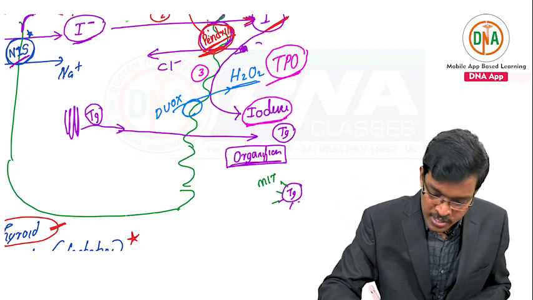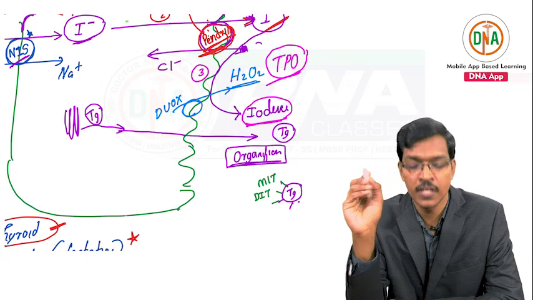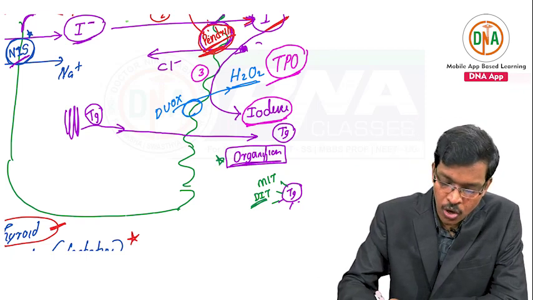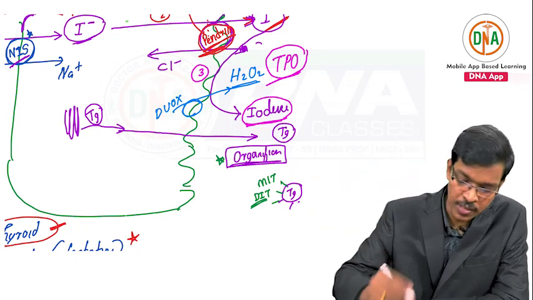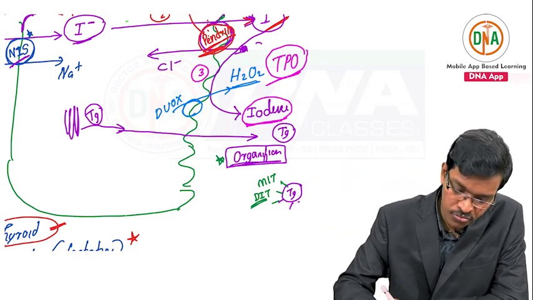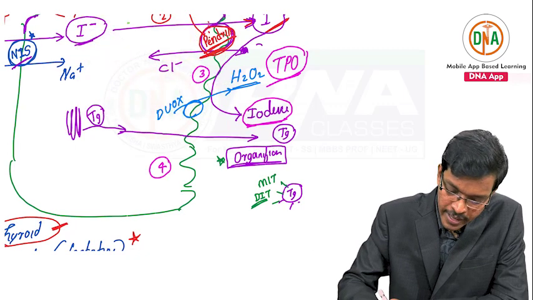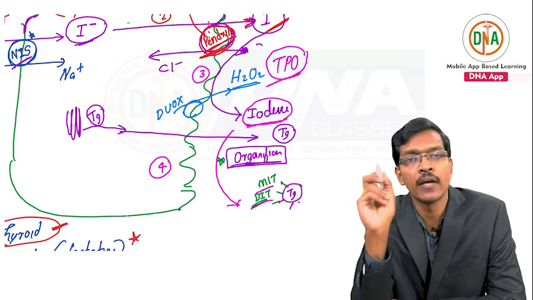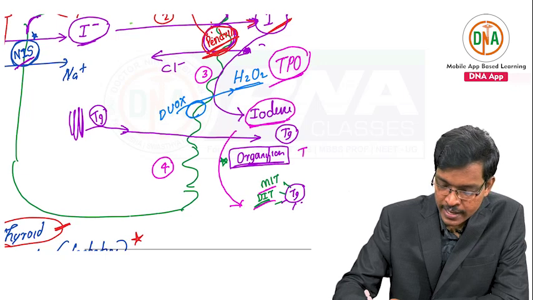When two molecules are added, you get diiodotyrosine. So, you have monoiodotyrosine and diiodotyrosine on organification of thyroglobulin with iodine. That is the next step, step number 4. Step number 4 was organification, resulting in the formation of monoiodotyrosine and diiodotyrosine. This step is also catalyzed by TPO.